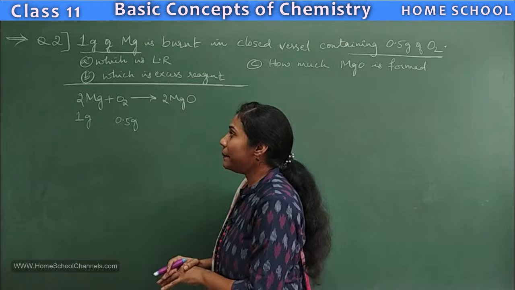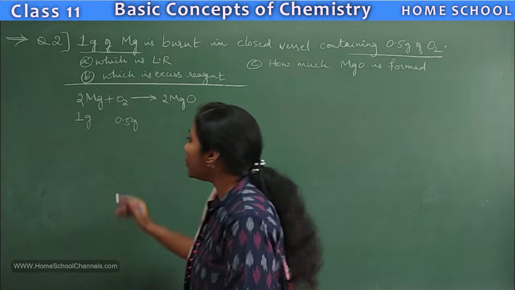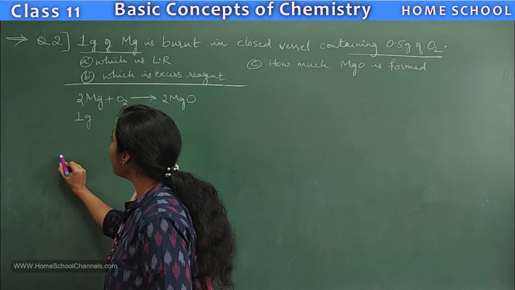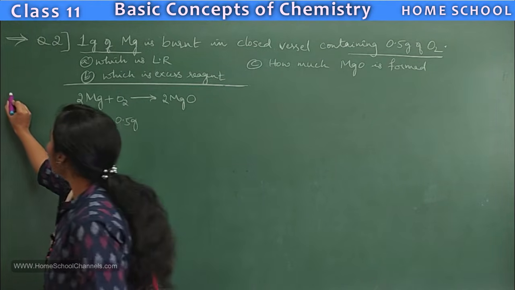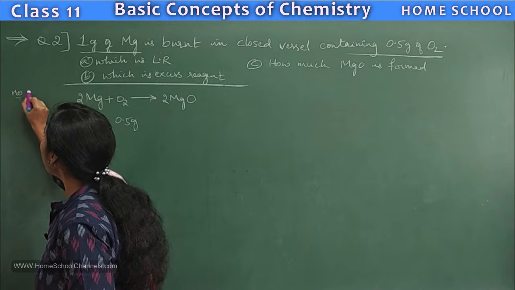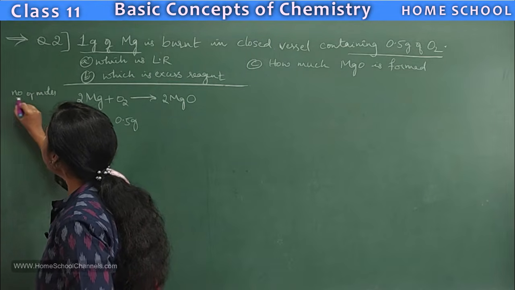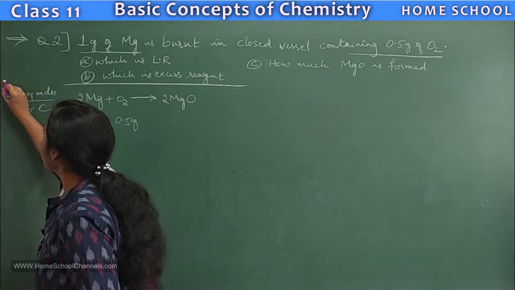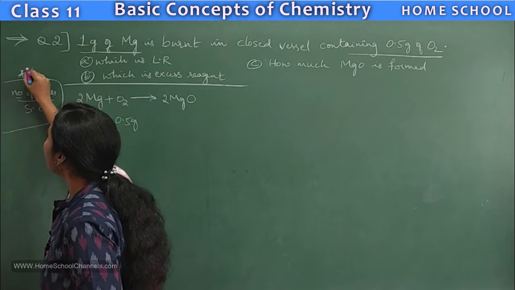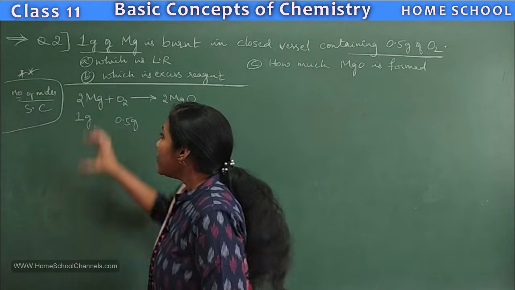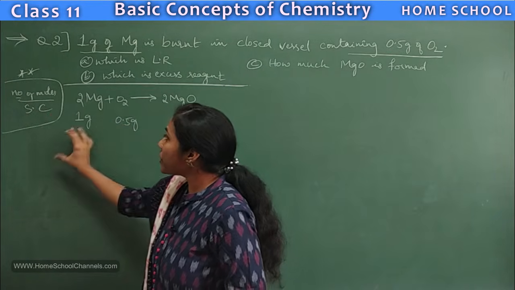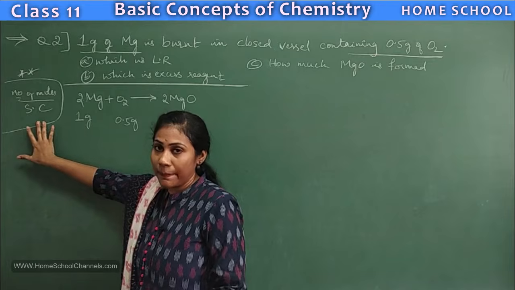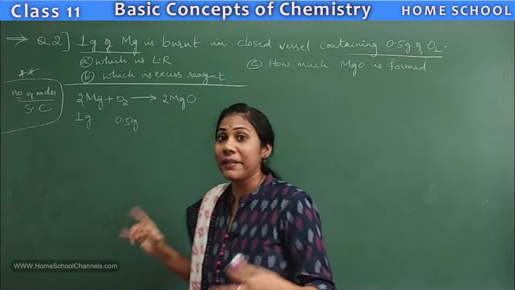To find the limiting reagent, what formula do you have to apply? Let me write the formula here: number of moles divided by stoichiometric coefficient. This is the trick formula that you have to remember. You should apply this formula for both reactants. Whichever gives the least number is selected as the limiting reagent.